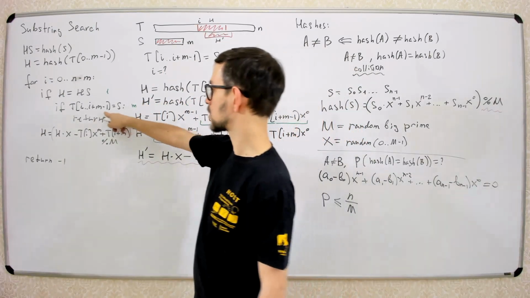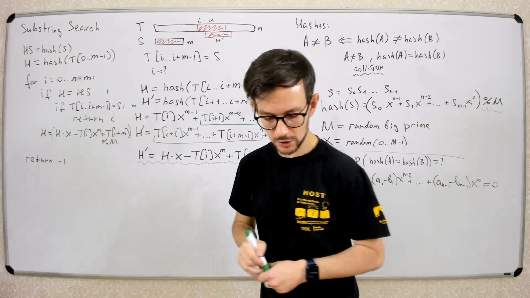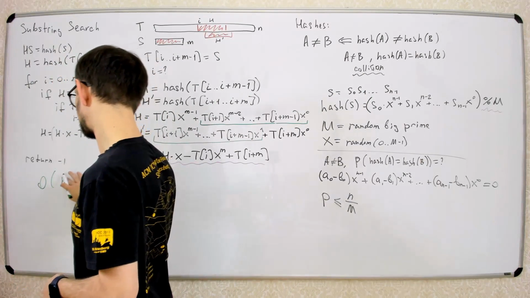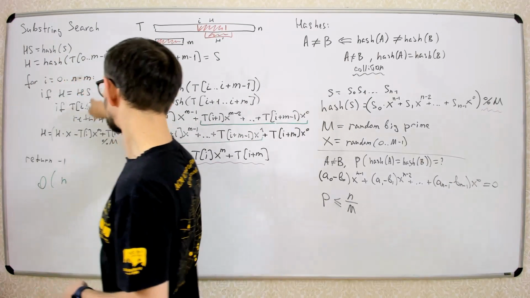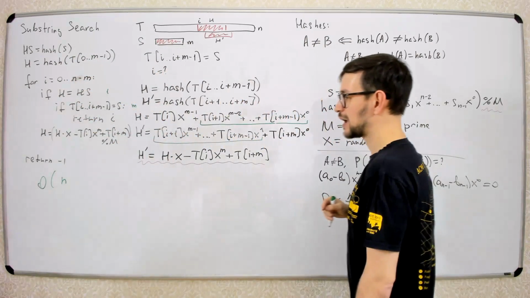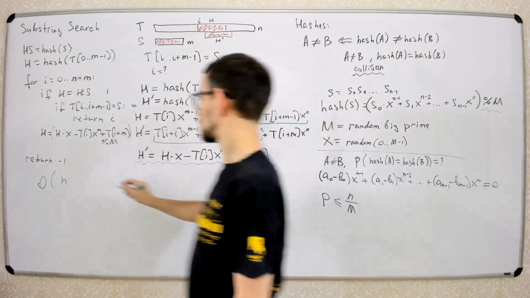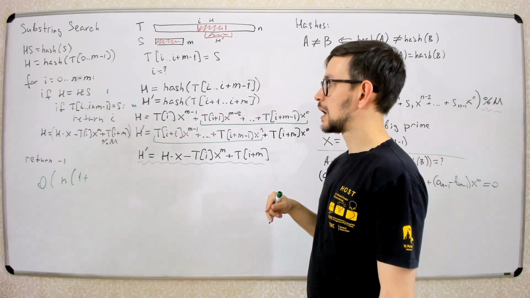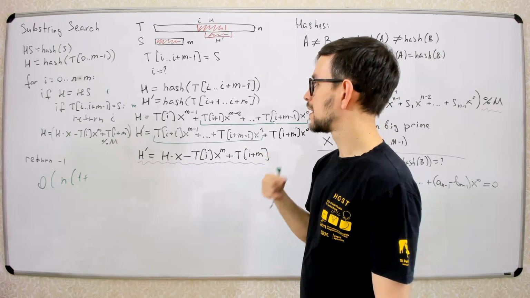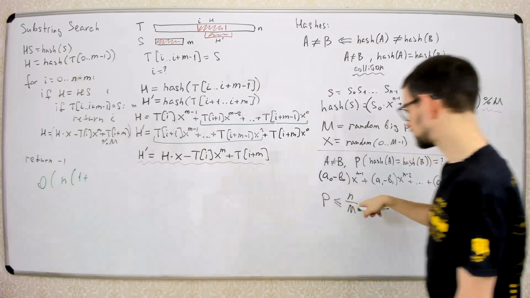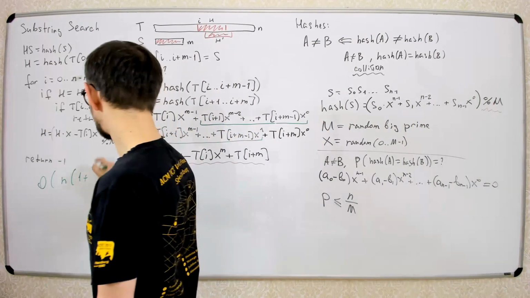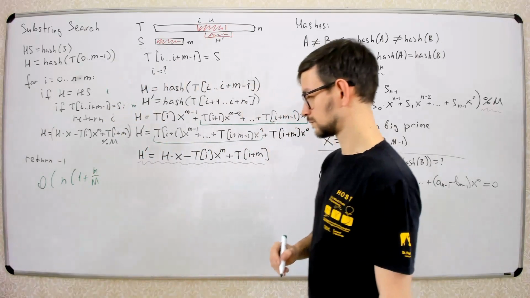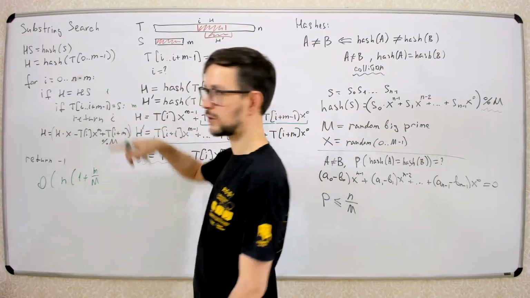But if strings are actually the same, then you finish. So what will be the total time complexity? We made n iterations, so we execute this line n times. So 1 plus, if we go here and these two strings are not equal, the probability of this is m over n, that's the probability that we go here and two strings are not equal.